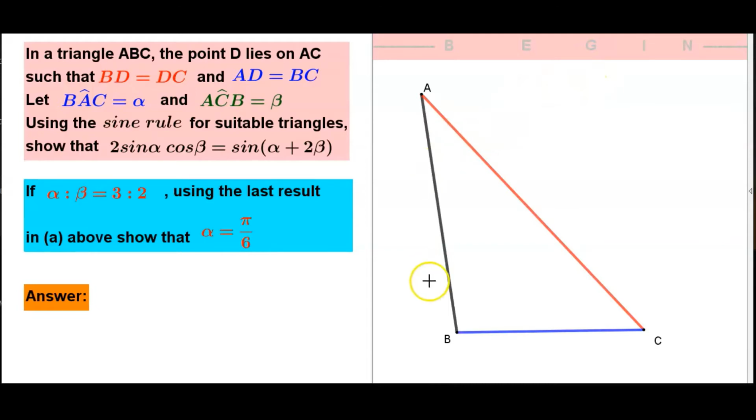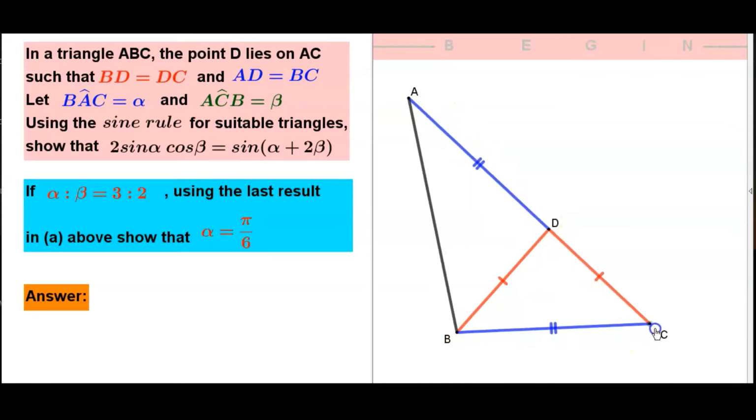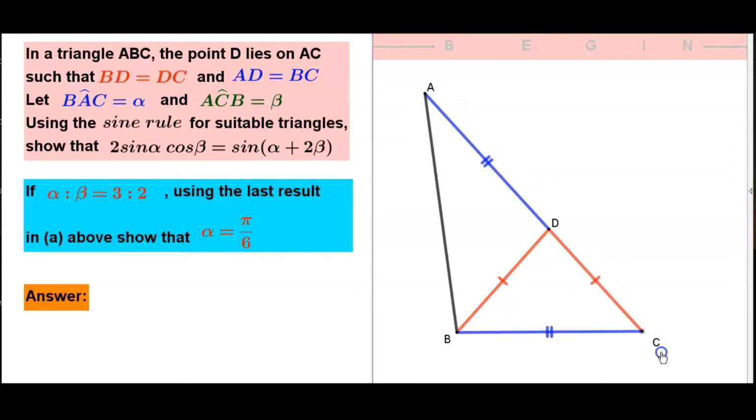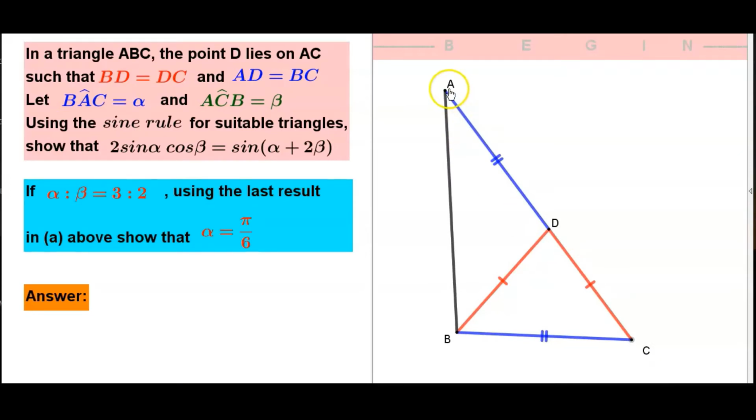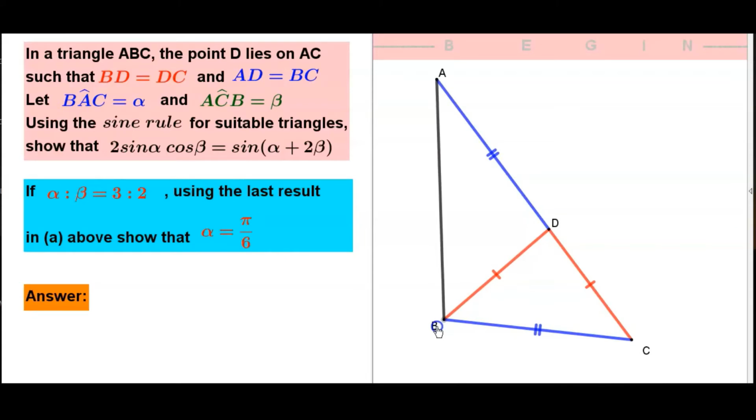This is the triangle ABC, and point D lies on side AC such that BD is equal to DC and AD is equal to BC.